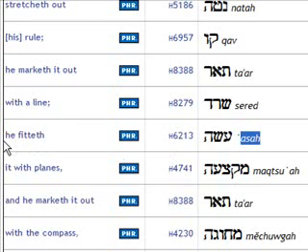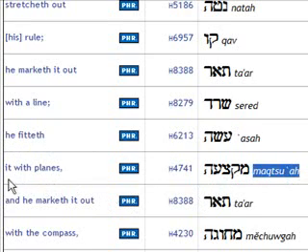So really, what he's saying here is the carpenter did work, and I'm not even going to try and pronounce this, with planes. What this means here is chisels. It's described here as a scraping tool. A plane in carpentry is also a sort of scraping tool. So he does work with the chisels. He does work with the scraping tool.